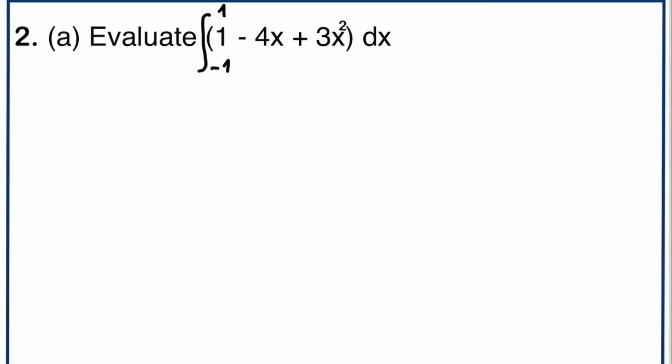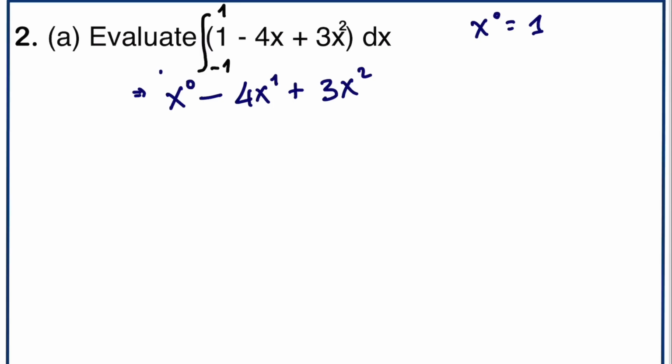So let's get started. To integrate this with respect to x, if we rewrite this, you should know that x to the power 0 is 1. So we can write this as x to the power 0 minus 4x. When we just have 4x, it means the power is 1. Plus 3x to the power 2.